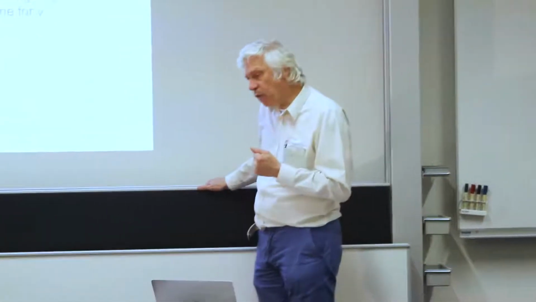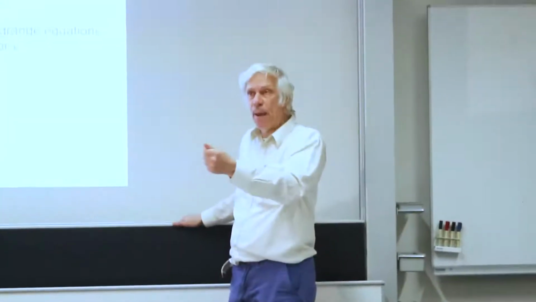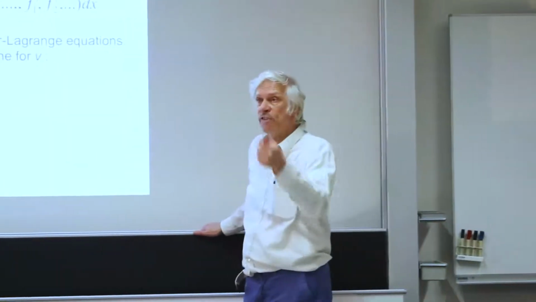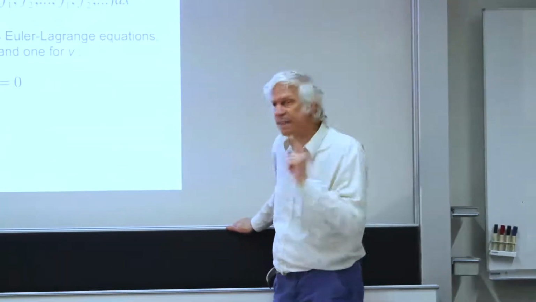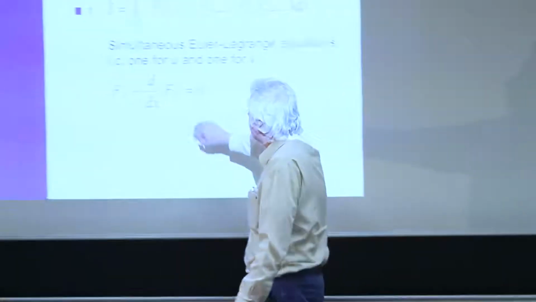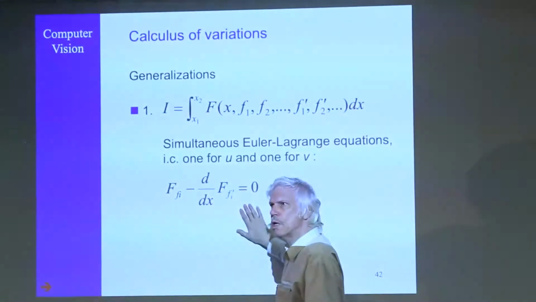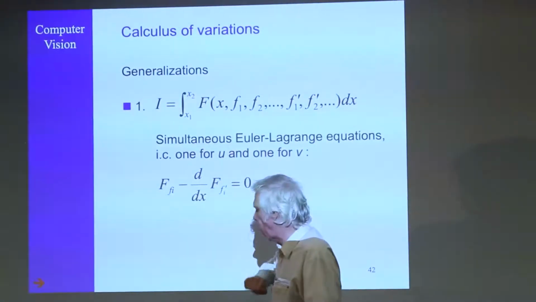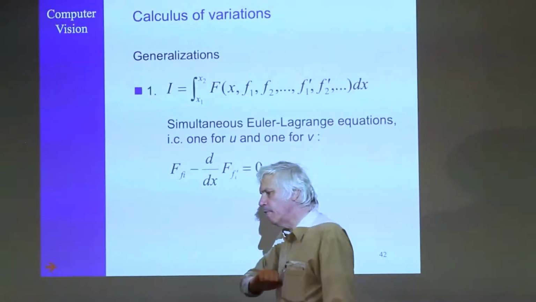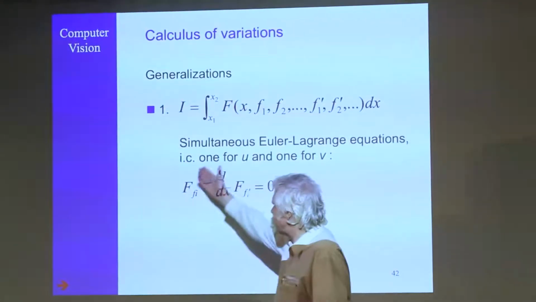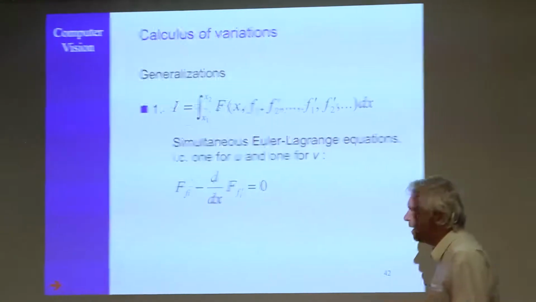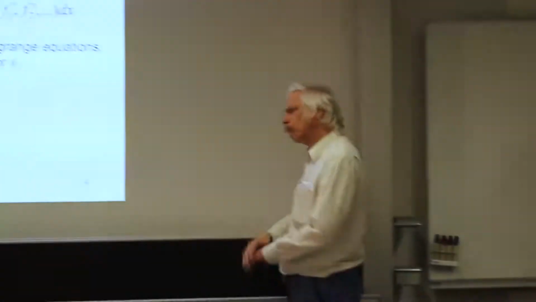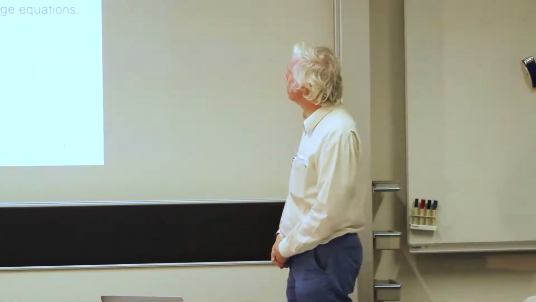And then you would demand that the derivative with respect to epsilon 1 is 0, the derivative with respect to epsilon 2 is 0, and so on. That then immediately leads to a similar equation, but now for each function. So we have a function for u, f1, and a function for v, f2, if you want. So we have a system of equations. We have two equations now, one for u and one for v. That went well. That's quite simple.